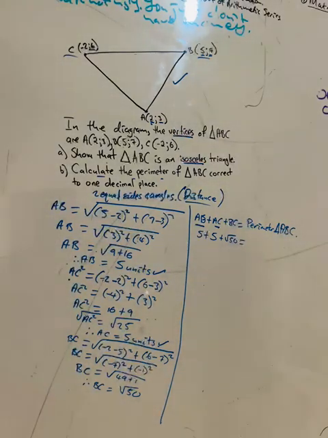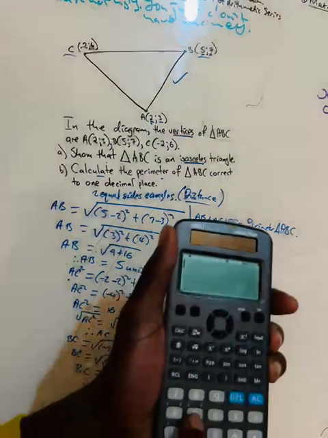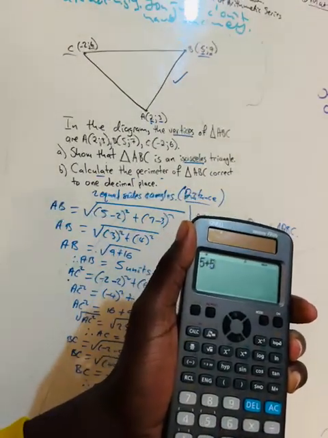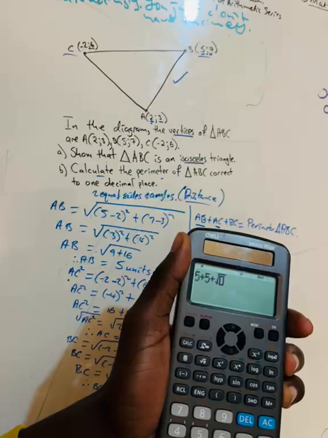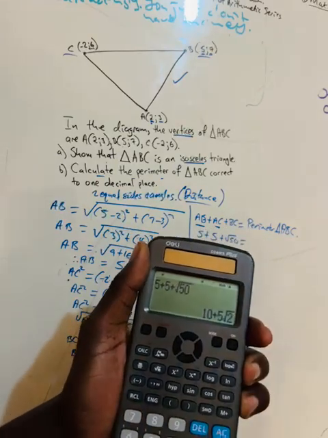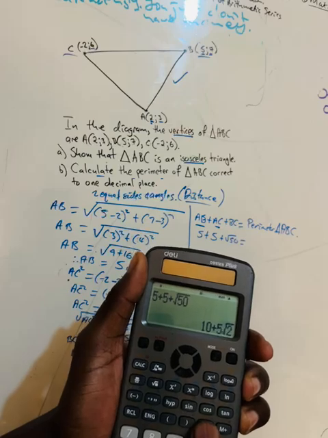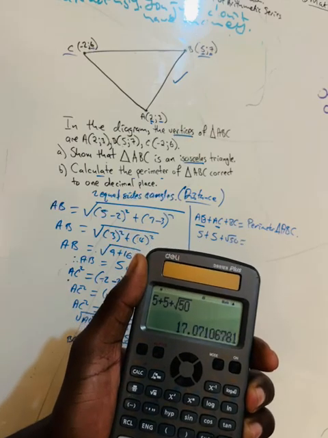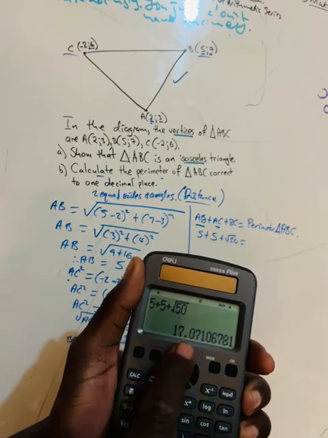Then here, I go and I take the calculator. I place it into the calculator. So now I say 5 plus 5 plus square root of 50, which is equal to 10 plus 5 square root of 2. But that's not what we want. They want it to 1 decimal place. So I press my S to D. Then it gives me 17,07.